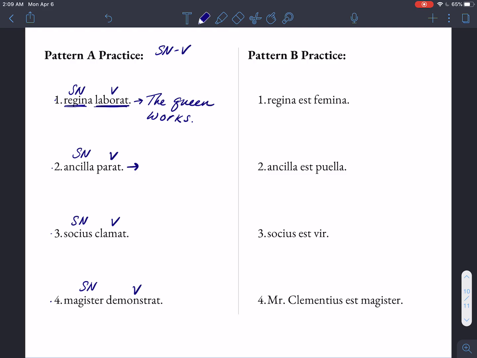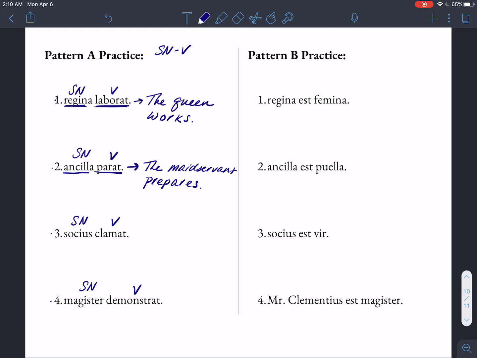One more time. Ancilla parat. Good. And that simply means the ancilla, the maidservant. What did she do? She parat, prepares. Once again, how do I know that? Simple vocabulary question.